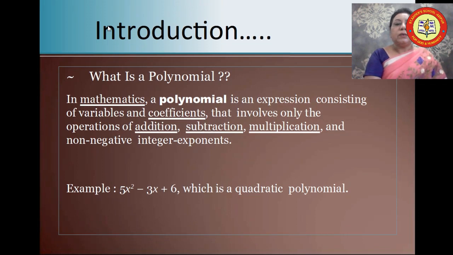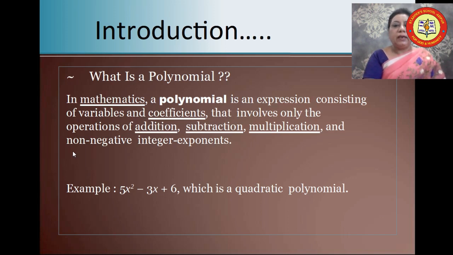So first, what is a polynomial? In mathematics, a polynomial is an expression consisting of variables and coefficients that involve only the operations of addition, subtraction, multiplication, and non-negative integer exponents.